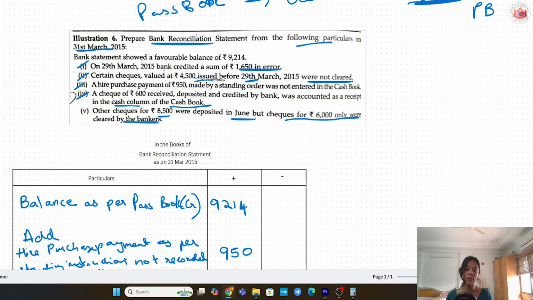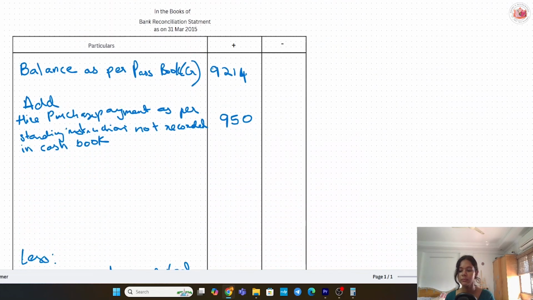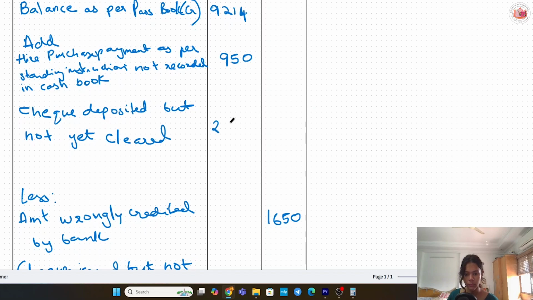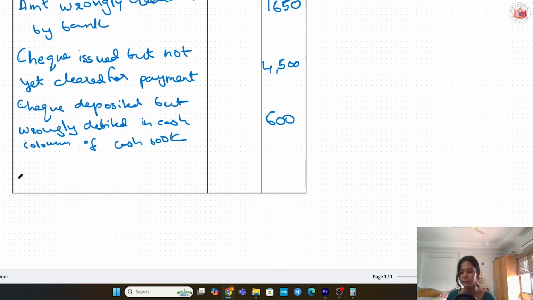But in our passbook, we have only received 6,000. So that means our cash book is more than our passbook. By how much? 8,500 minus 6,000, 2,500 rupees more. So if I want to equalize the two, I will have to add 2,500 to my passbook. Check deposited but not yet cleared: 2,500.